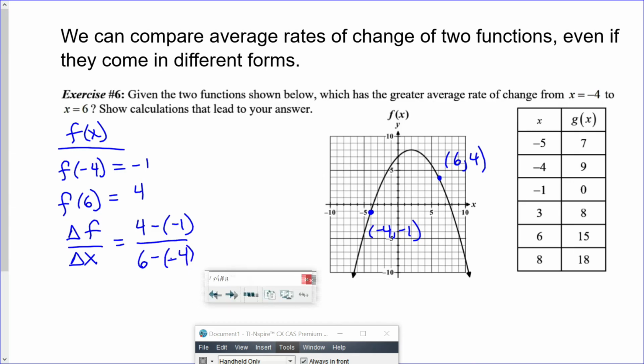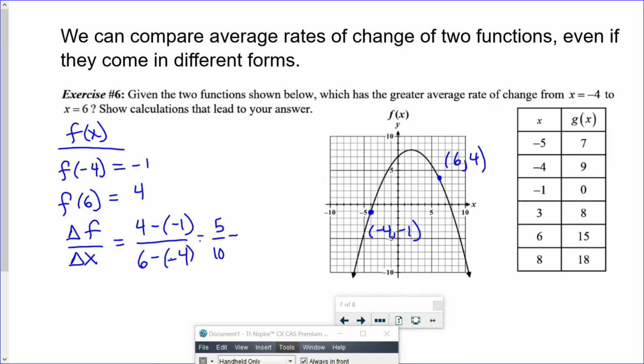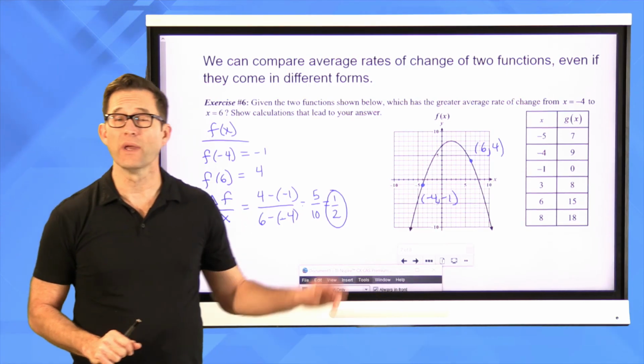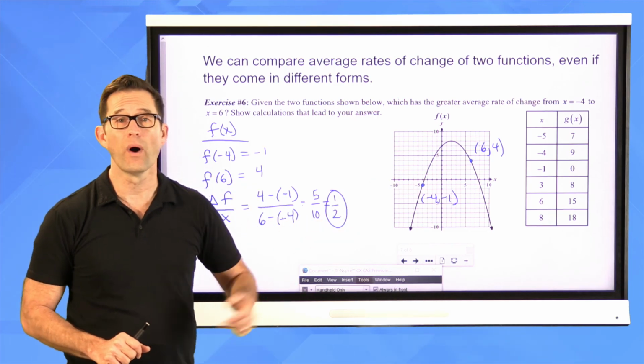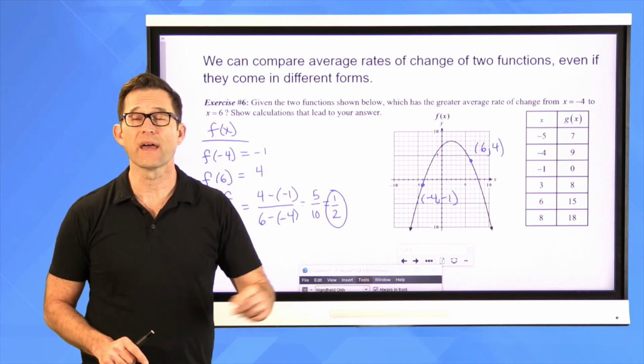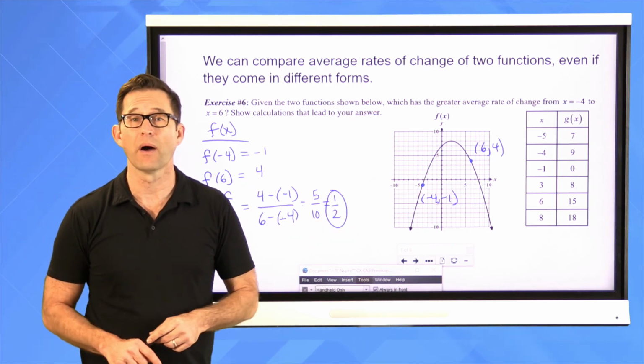And that's going to be 5 divided by 10, and that's going to be 1/2. So the average rate of change of f of x between those 2 points is equal to 1/2. For every 2 units that x increased, y increased by 1 unit.